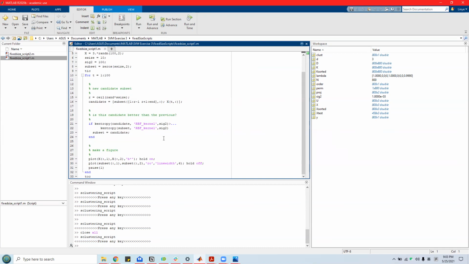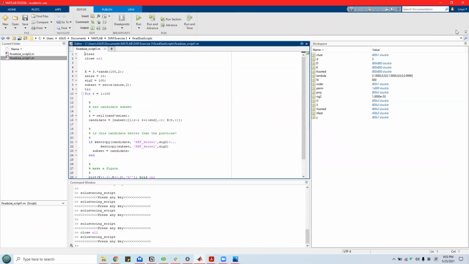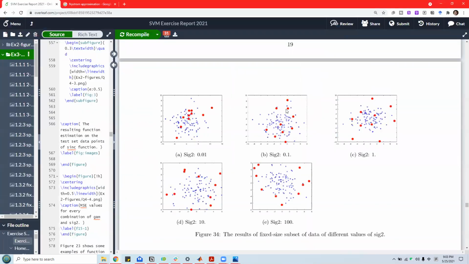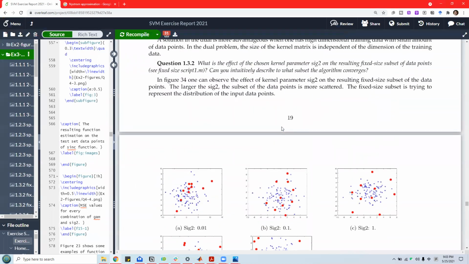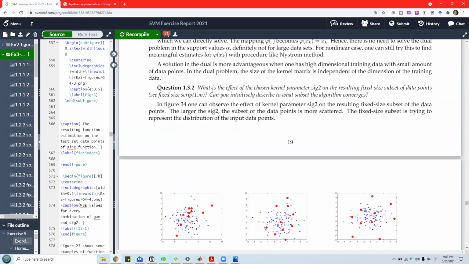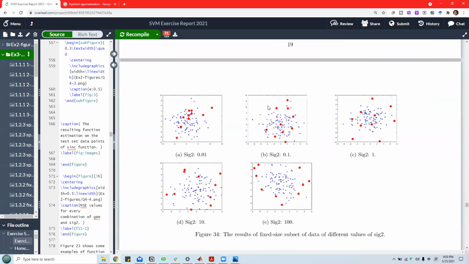Okay. So basically that's what I think about this question. Any comments on this? No, actually, I don't really understand what the question tries to ask.